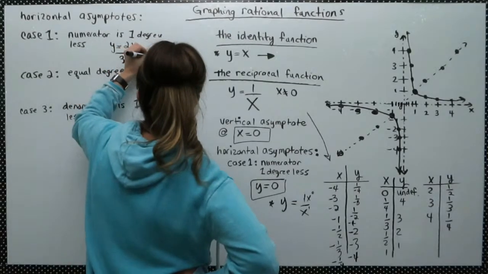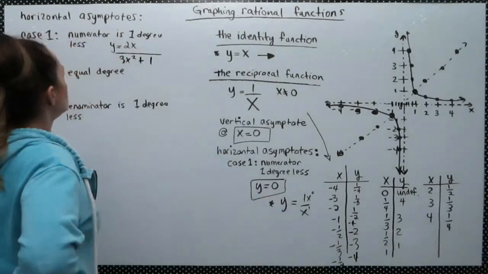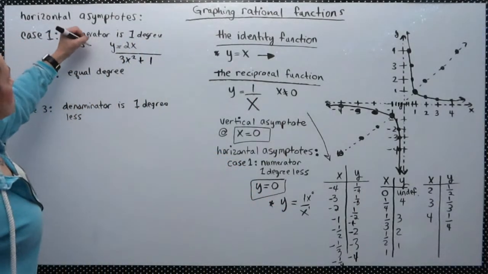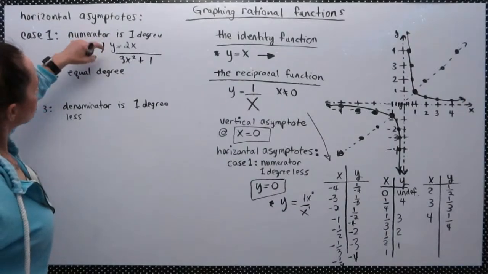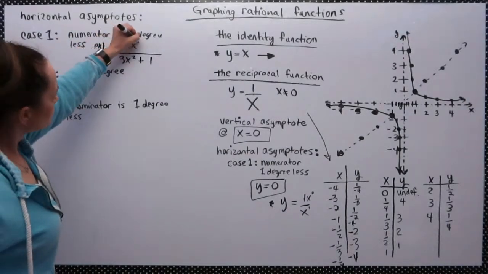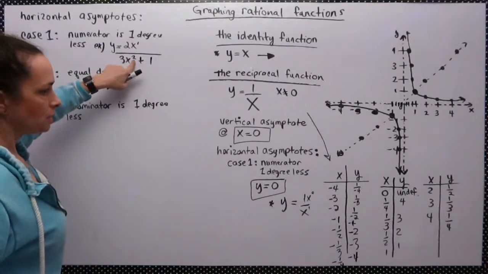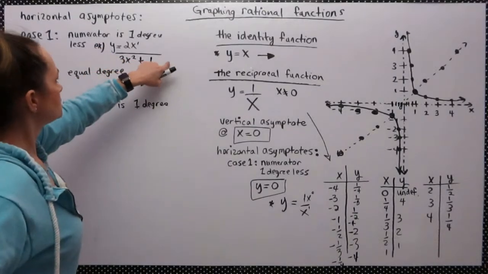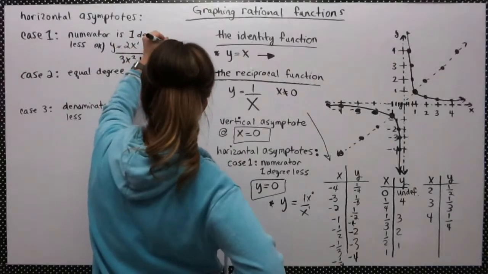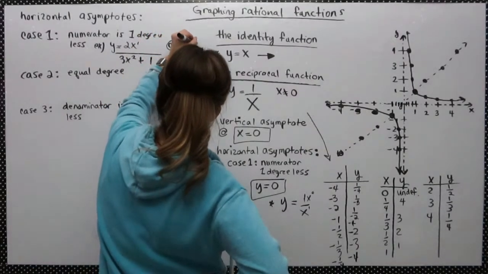I am not good at coming up with examples. This is an example. Do you see how it's first degree here and second degree here? So your asymptote is going to be at y equals 0.